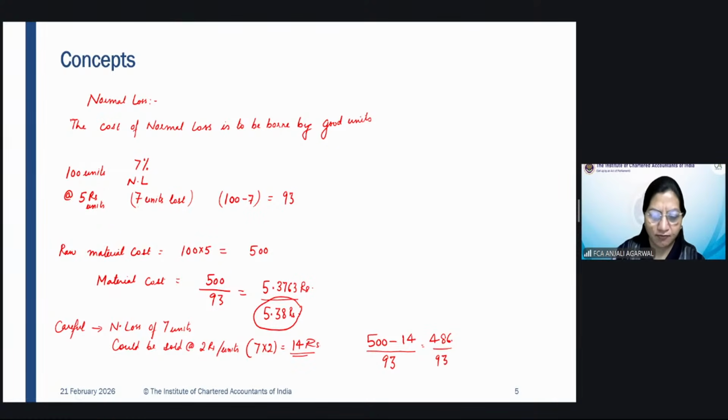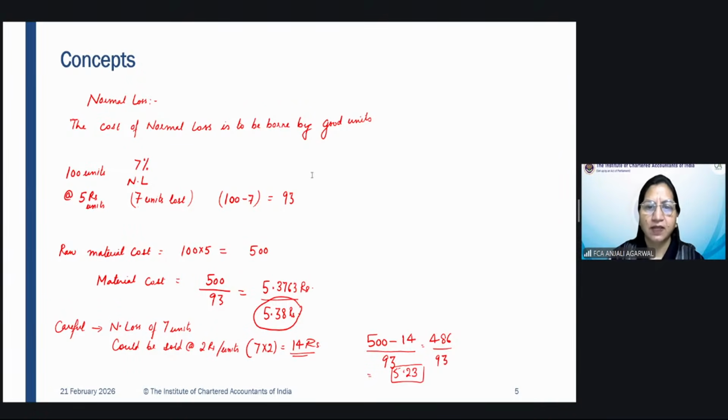So the cost of 486, 500 minus the amount recovered from sale of normal loss, 14. So 486 is the cost, which when divided by 93 will give you 5.225, rounded off 5.23.